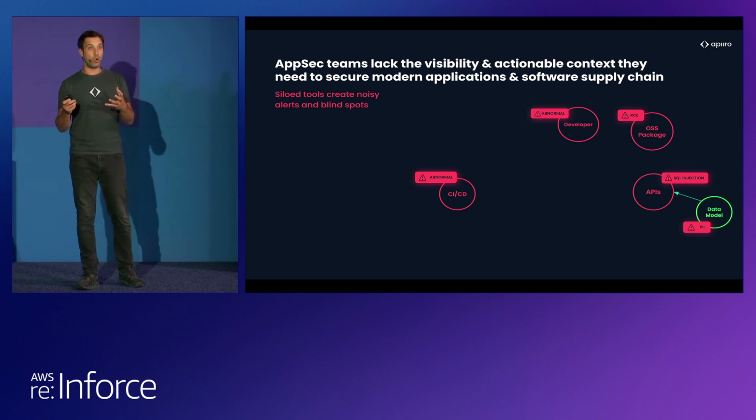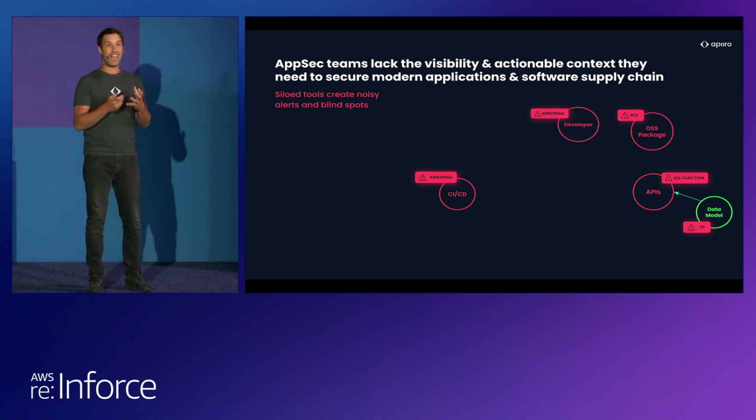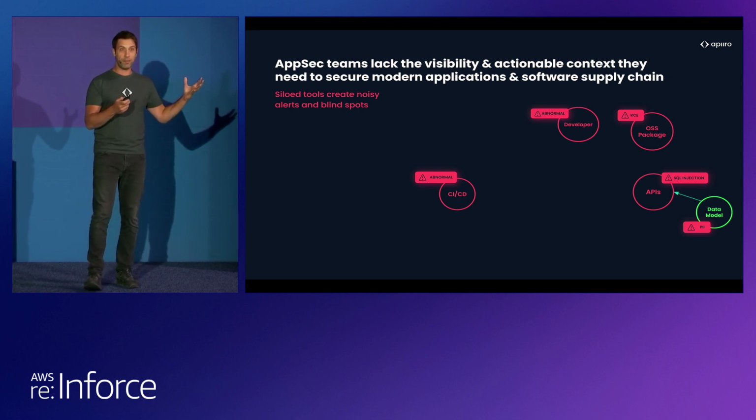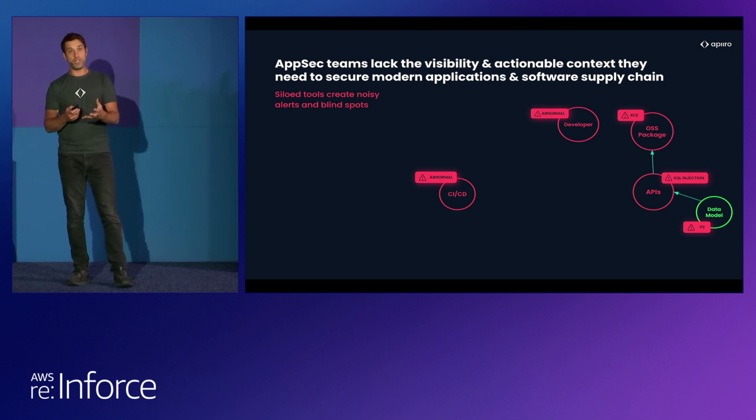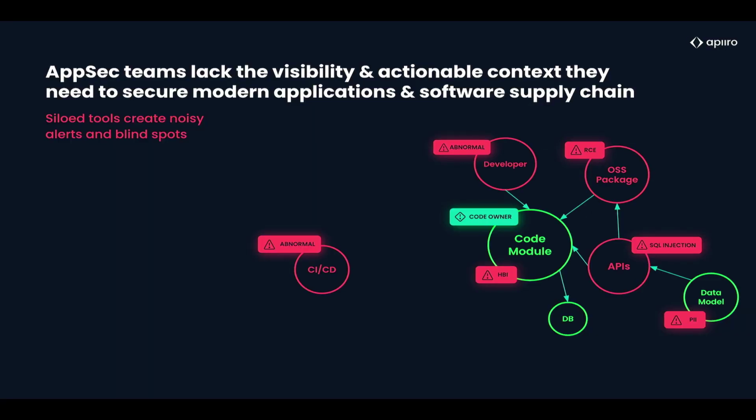So I have a data model in my code that exposes PII data through this API that is vulnerable. And this API is using this open source dependency with RCE. And all of them are related to the same code module that is high business impact because it transfers money.